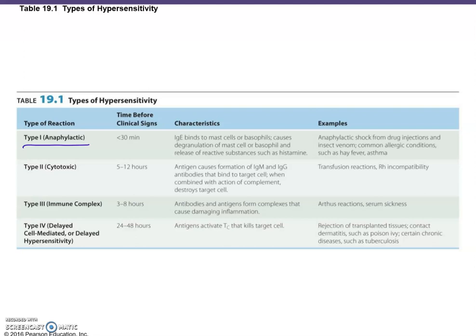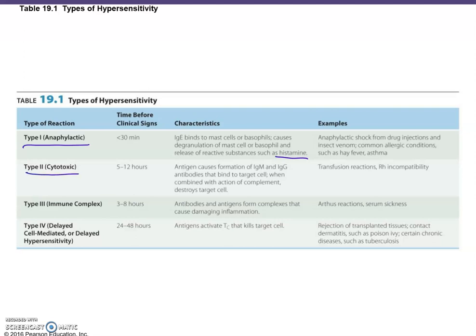The problem with anaphylaxis is this massive body-wide histamine release, and it leads to a massive drop in blood pressure that could be potentially fatal. Most of the time, you have anaphylaxis when you have massive allergies to, like, insect venom, for example, or it could be also drug injections that can cause anaphylaxis.